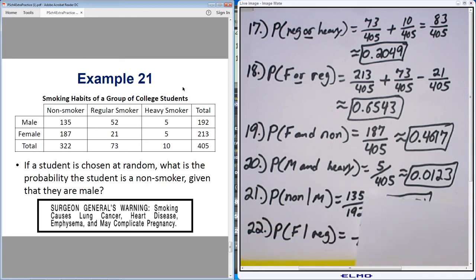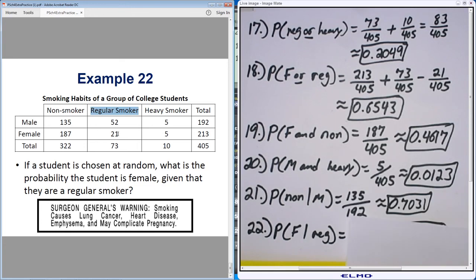Last one, number 22. It's another given problem. It says, what's the probability the student is female given that they are a regular smoker? This time it's given that they're regular smokers, so only look at the regular smoker column.